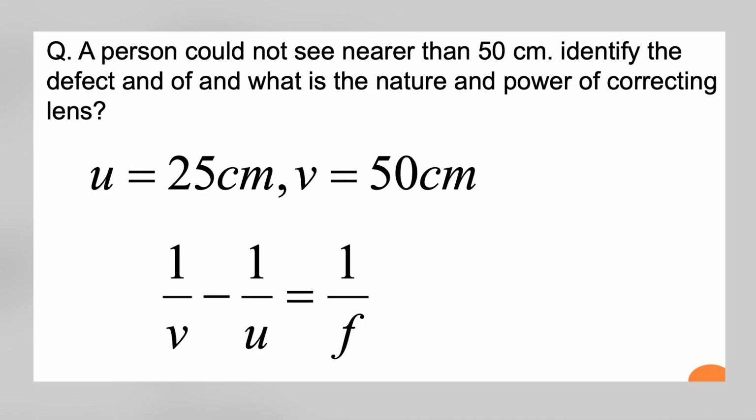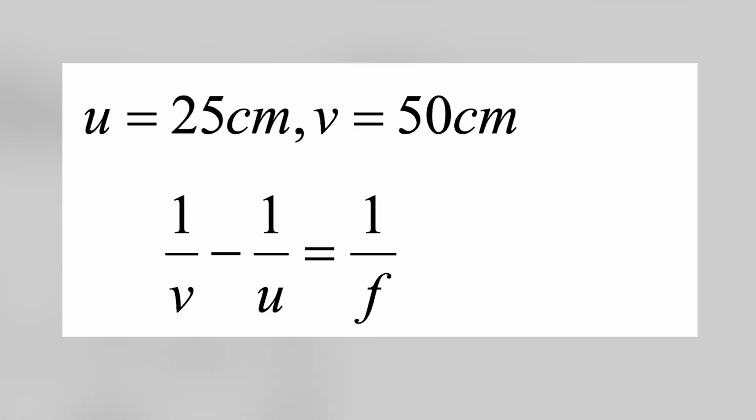Hence, the distance of the object from the lens is 25 centimeter, that is, u is equal to minus 25 centimeter, and the distance of the image from the lens is 50 centimeter, that is, v is equal to minus 50 centimeter.